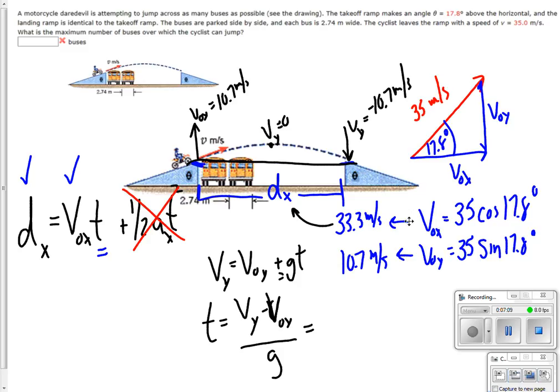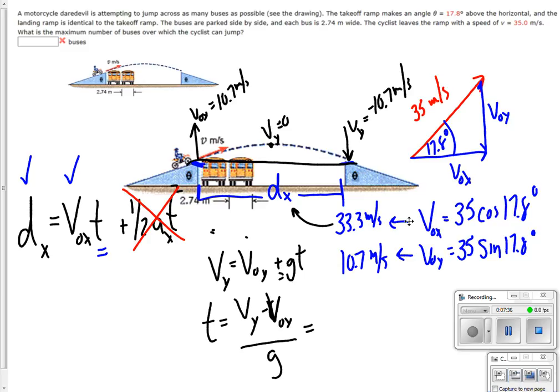Another approach that some people like to take is that instead of looking at the whole trip up and down, we know that vy is also always 0 at the highest point. So if I do vy here is 0 at the highest point, then the time I'm actually going to get will be half the time, right? Because that'll tell me how long it takes to get to my highest point. But I'm going to go ahead and solve it all out.